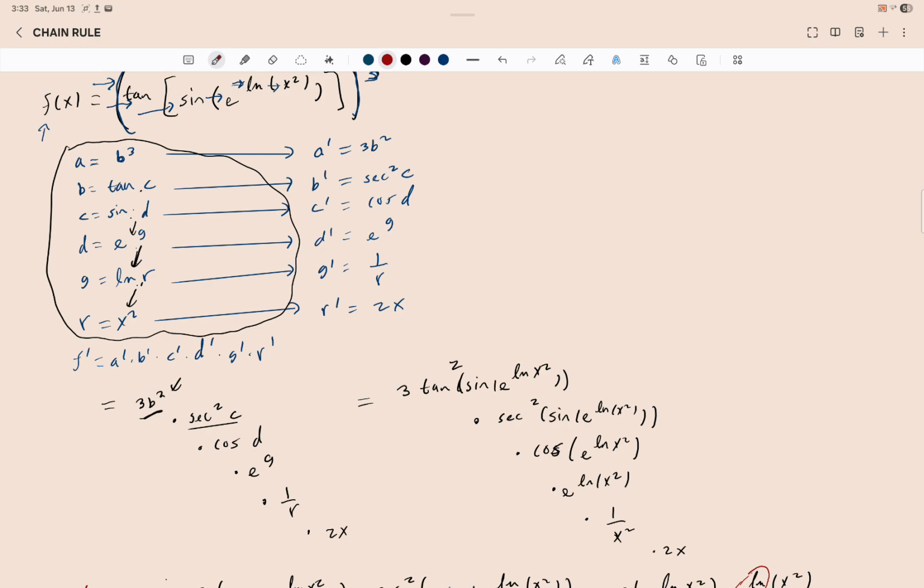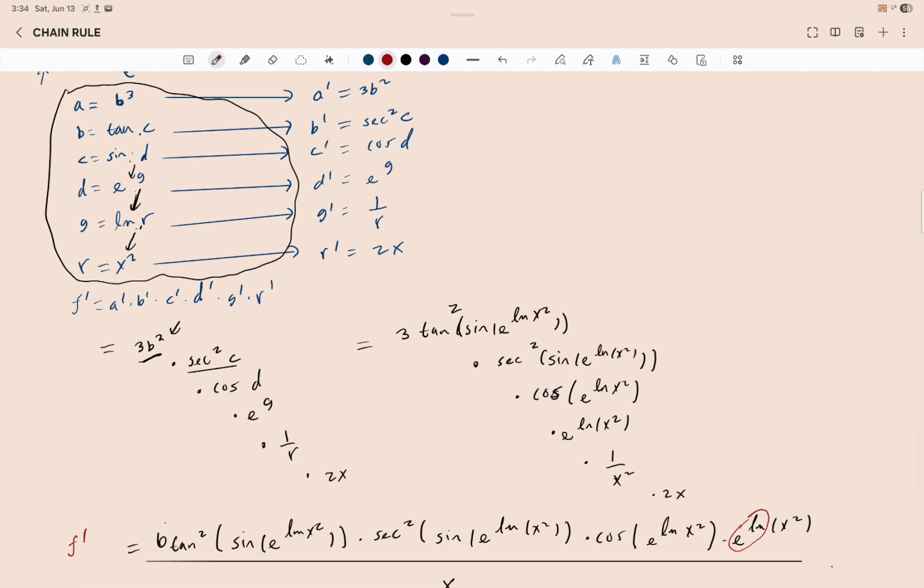But you do this for a bit, you get the practice of it, it's fast, and you would never get the chain rule wrong. And in the event that you do get it wrong, you get more partial credit doing it this way than doing just the onion method, because the onion method uses quote-unquote mental math, and the teacher doesn't know what you're thinking. So use this method instead.